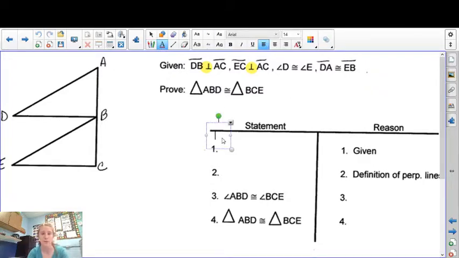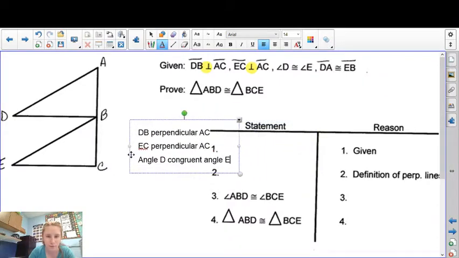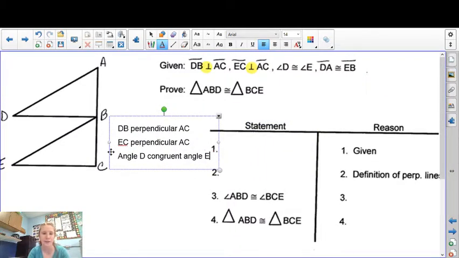So that means perpendicular. So DB is perpendicular to AC, and EC is perpendicular to AC, and angle D congruent to angle E. And lastly, DA congruent to EB.